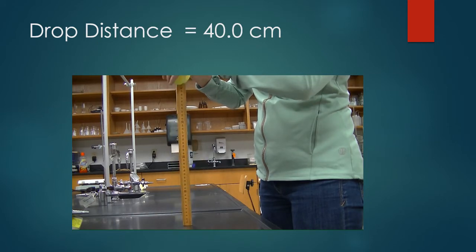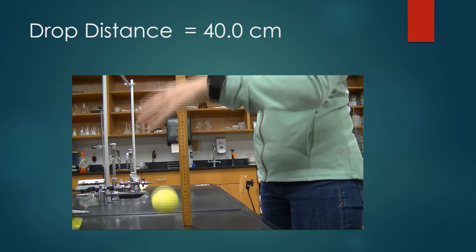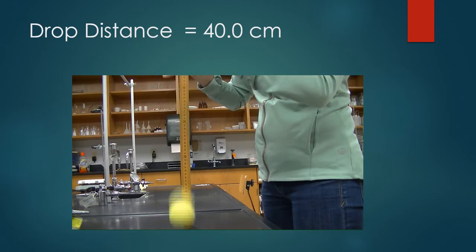So you can pause it, rewind it, and pick any of these trials, whichever one you can see the most clearly, and record 3 different bounce distances. As you can see, they're all in the 20 range for the bounce distances. So values I got were between 21 and 24. So you would record 3 different bounce distances of any of those 3 trials and then do the average bounce distance calculation.